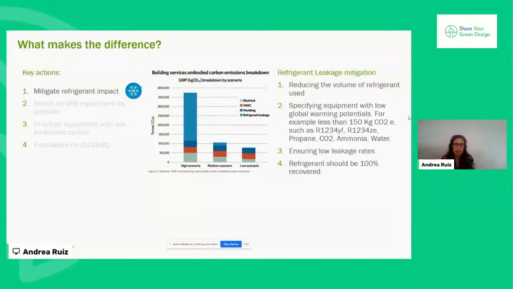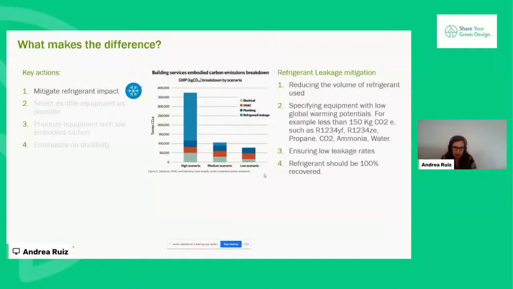Obviously, the industry is still changing and adapting to these requirements about embodied carbon in buildings. So it might be something that we need to drive as designers, as part of the design team and the client side: which type of refrigerant are we using, and then follow with those suppliers that are adapting themselves as well.